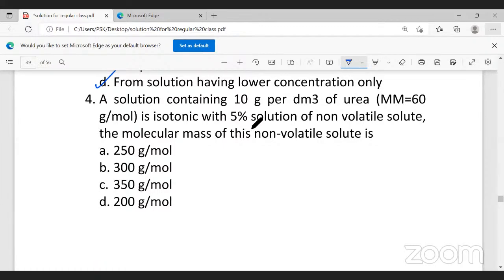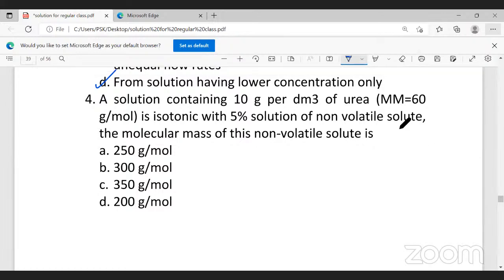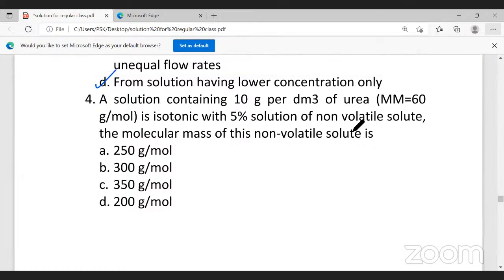isotonic with 5% solution of non-volatile solute. The molecular mass of the non-volatile solute is? 10 grams of urea is isotonic with 5% solution. So what does it mean? It means osmosis is not possible.